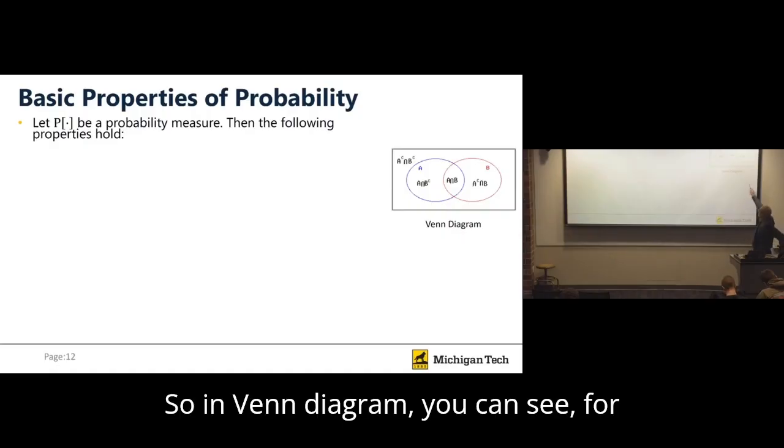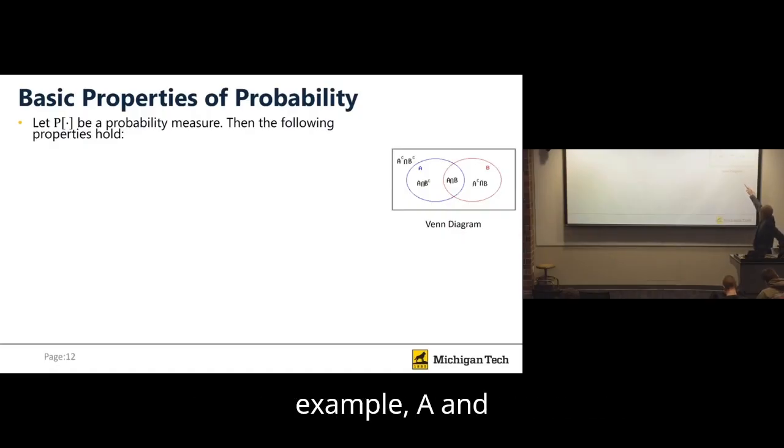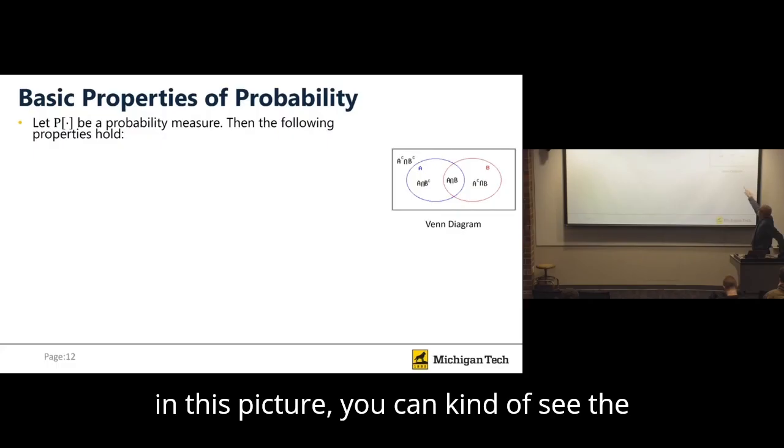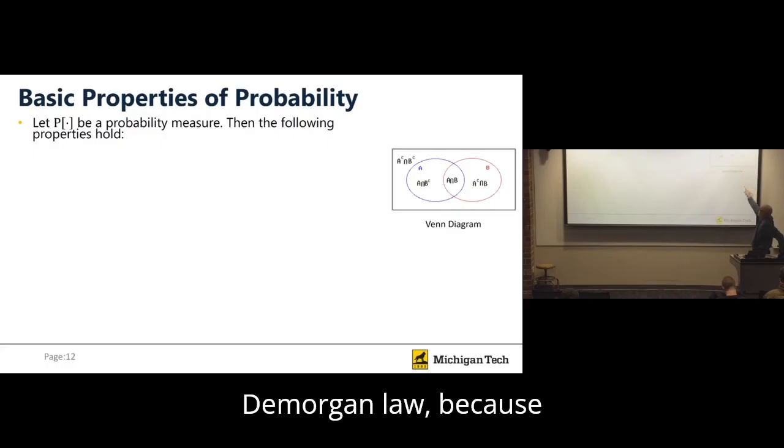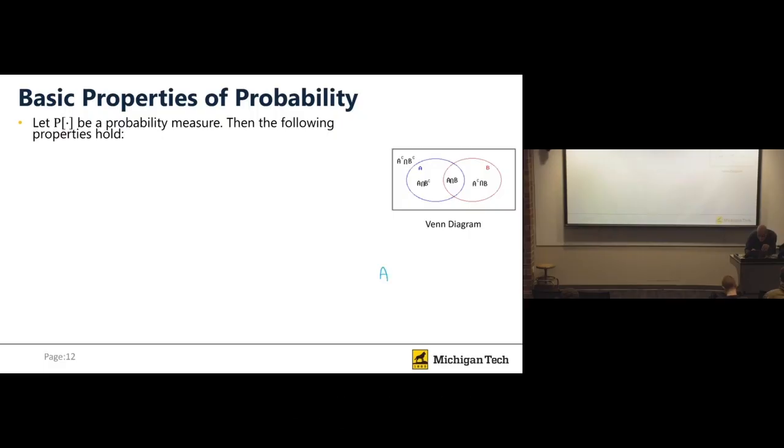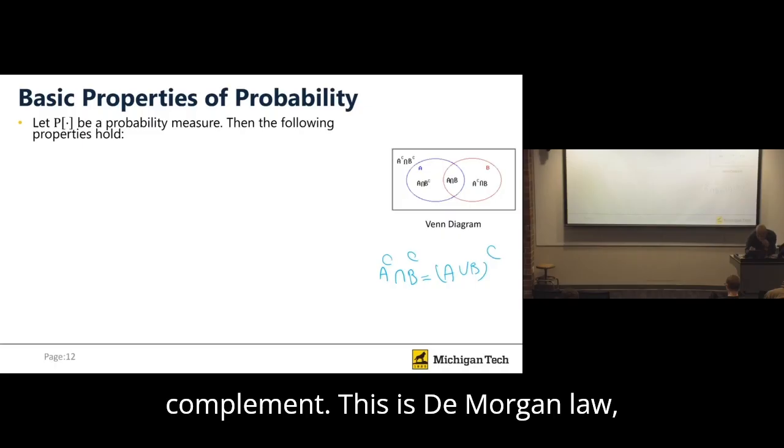For example, you can see A and B. Also in this picture, you can see De Morgan's law, because A complement and B complement is equal to A or B complement.